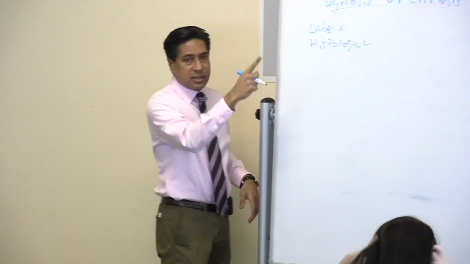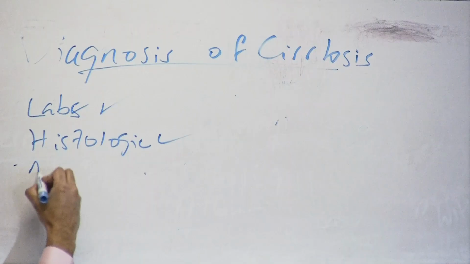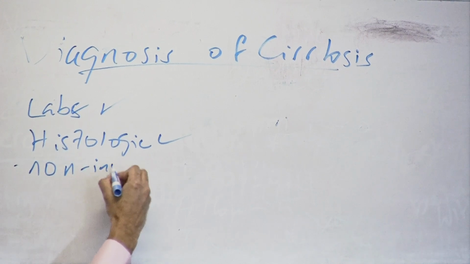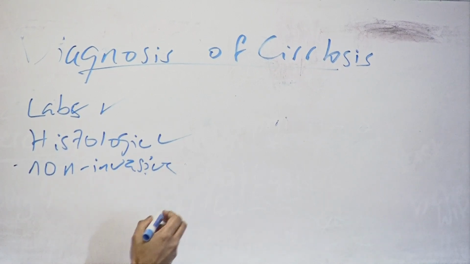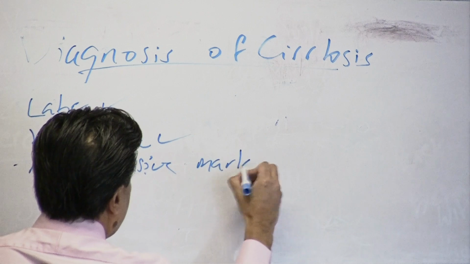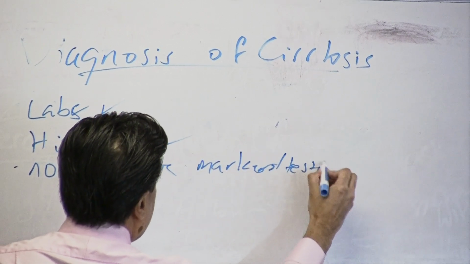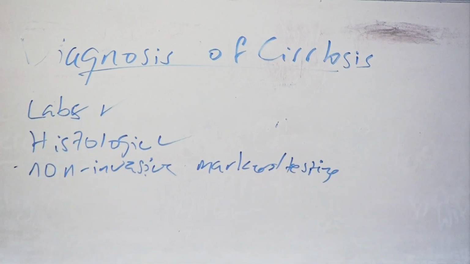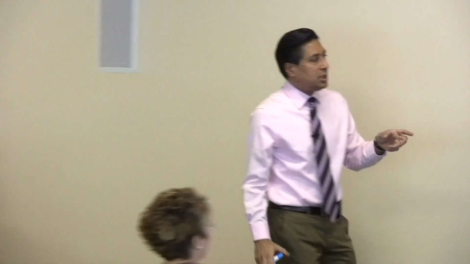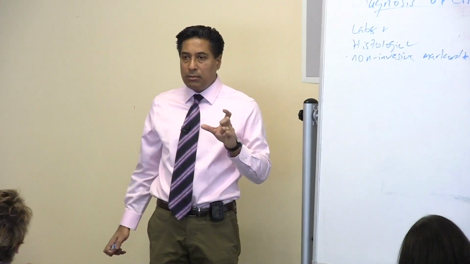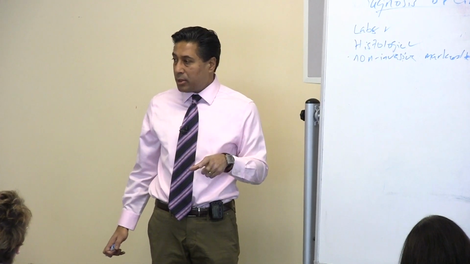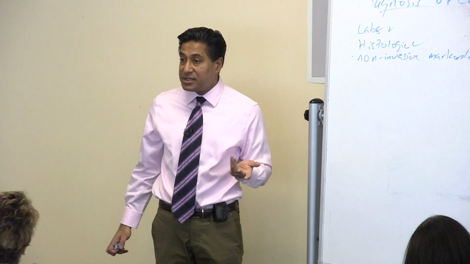So it's really expensive. Another way, so this is looking at scarring, is non-invasive markers or testing, right? And I looked at your syllabus. There are some slides on FibroScan, a kind of image technology that allows you to approximate how much fibrosis is in the liver. There are blood tests.